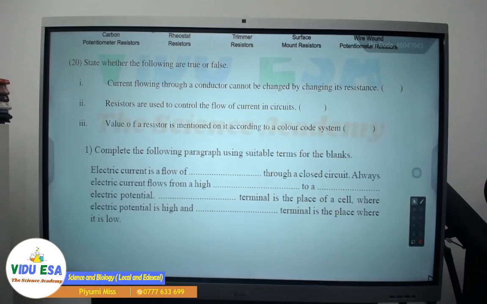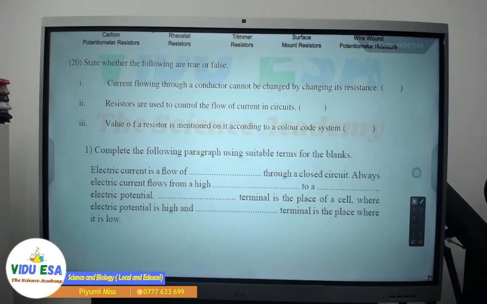Yes. What are the materials used to make more powerful magnets, Sandaru? Steel and ferrite.